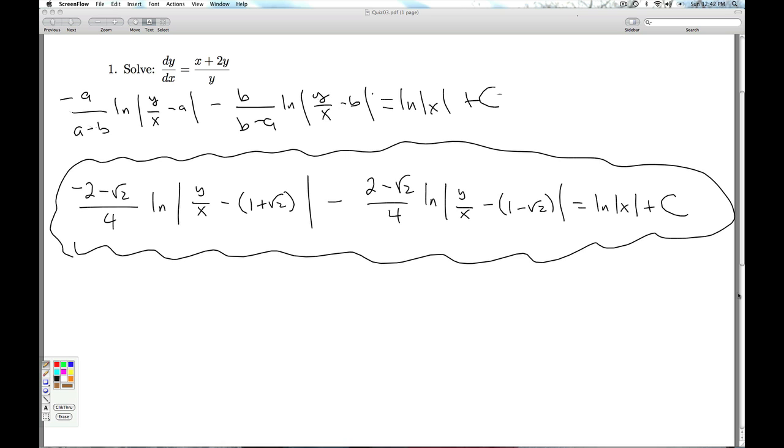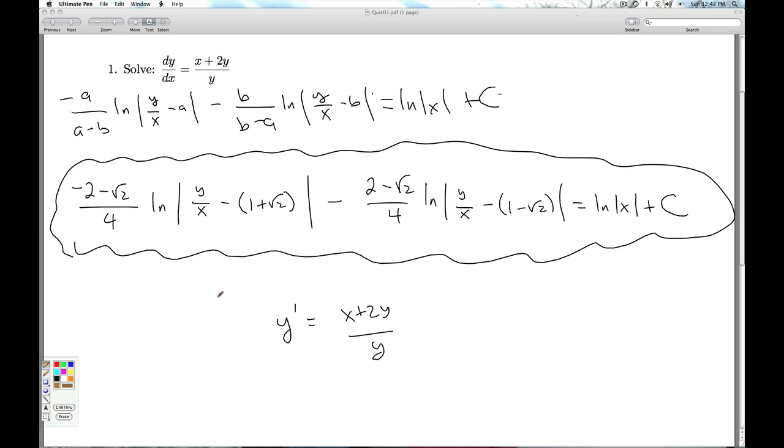So of course the ultimate way to check your answer is to take the derivative and show that when the dust settles, you get the original differential equation. In other words, y prime is x plus 2y over y. And you might think, oh, that's impossible to do. It's involved, but it's really not that bad.